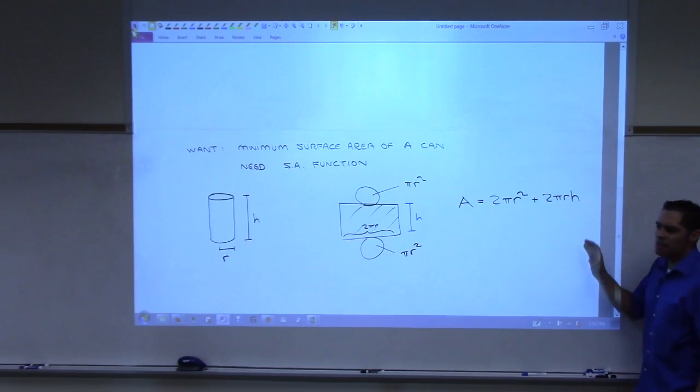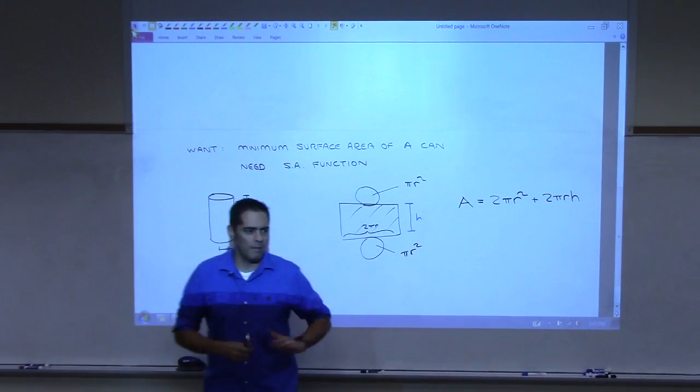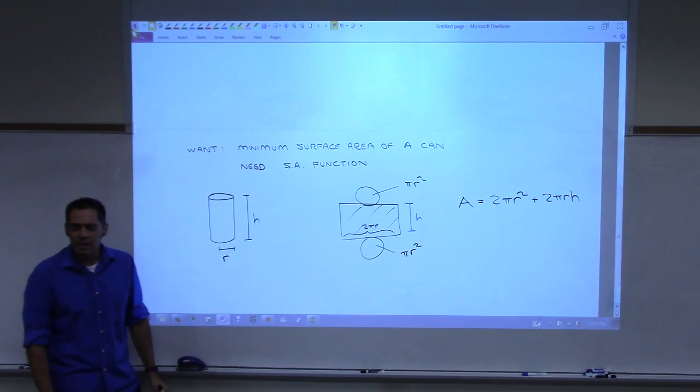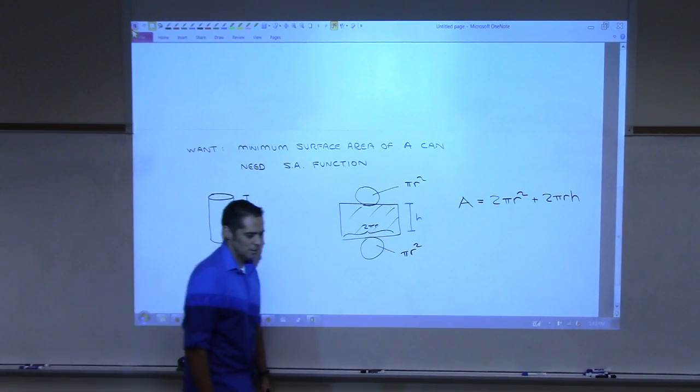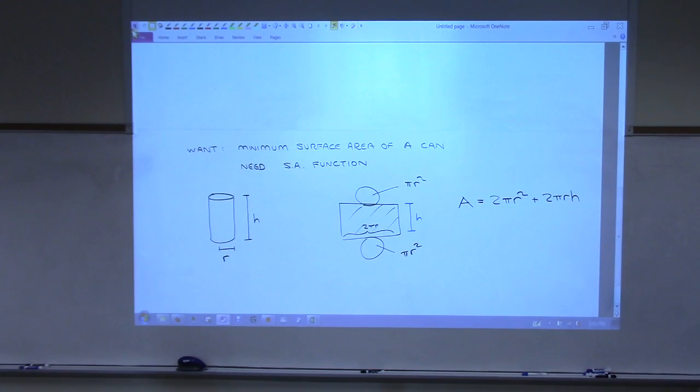See what I mean when I say the difference between memorizing something and understanding something? To me, this is more valuable. If you can come up with this formula on your own, that's better than just saying 2 pi r squared plus 2 pi r h is the formula for the surface area of a can. Means you understand what you're doing a little bit.